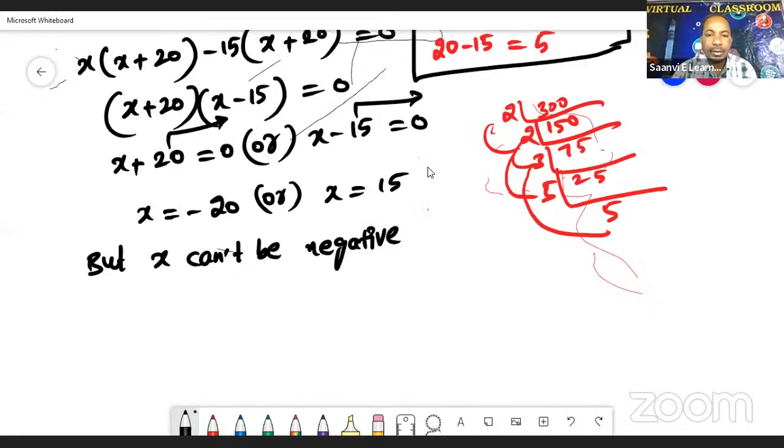But x cannot be negative. Why? Because x means we have taken the speed of the second train. So therefore, the positive value should be taken every time. x is equal to 15.